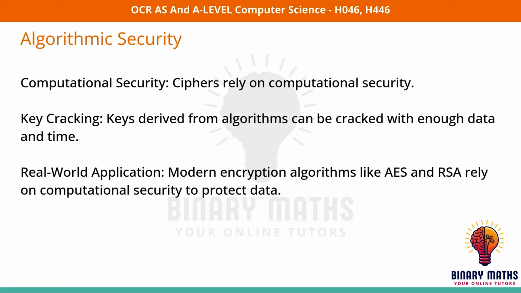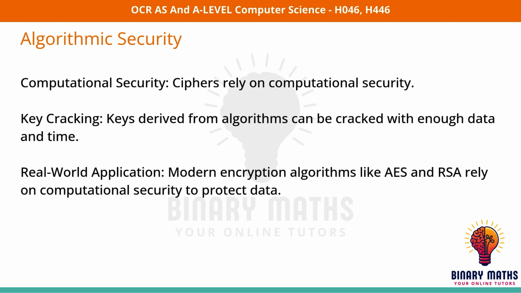Ciphers are based on computational security, meaning that the keys are determined using a computer algorithm. While these keys can be very secure, given enough ciphertext, computational power, and time, any key, except the one-time pad, can be determined and the message cracked. This is why it's important to use strong encryption algorithms and keys.